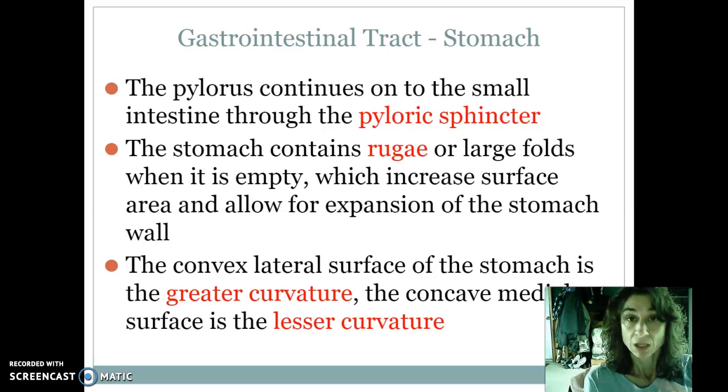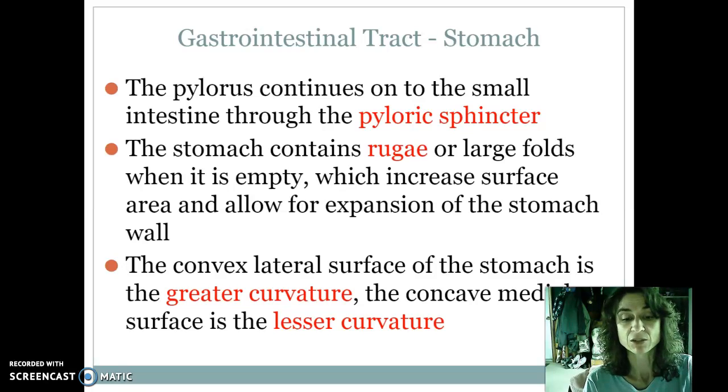So within the stomach, within the body of the stomach itself, if you were to open the stomach up, you would see all these folds, like folds of skin, and they're called rugae, or rugae. You hear it pronounced both ways. And basically what that does is allows the stomach to expand, or it increases surface area in the stomach.